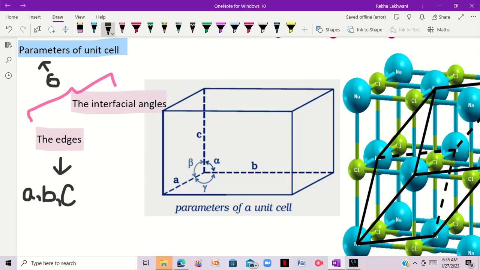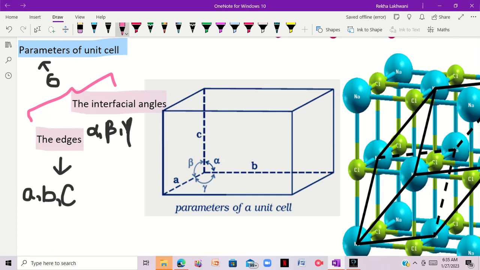Now we have three interfacial angles, which are alpha, beta, and second is gamma. So as I said before, there are six parameters of a unit cell.